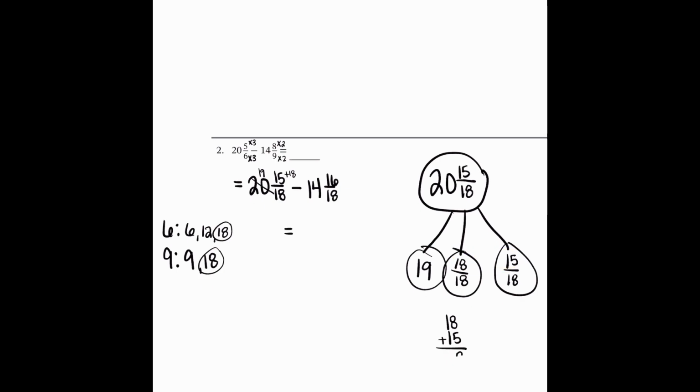That will give me 33. So that would be 19 33/18. Okay, minus 14 16/18. Now that will give me 19 minus 14 is 5. 33 minus 16 is going to give me 17/18. That'll be 5 17/18.